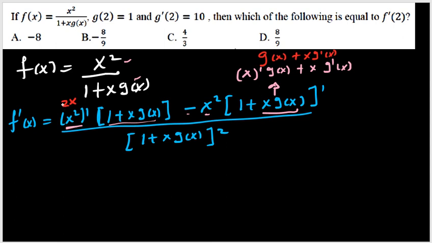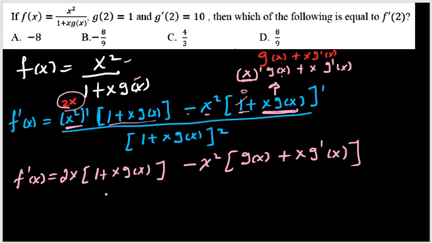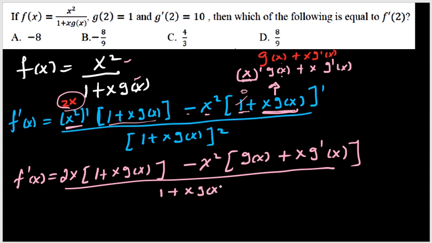But x squared derivative is 2x, here it is, and this will remain as it is, so the function will be 2x in big brackets 1 plus x g of x, minus, but the second derivative here, the derivative of 1 is 0, but this one product rule, x derivative times g of x plus x times g derivative of x, but x derivative again is 1 times g of x, so g of x remains, so x squared in big brackets g of x plus x g derivative of x, the whole over 1 plus x g of x squared.